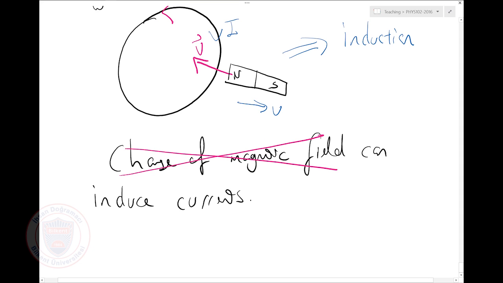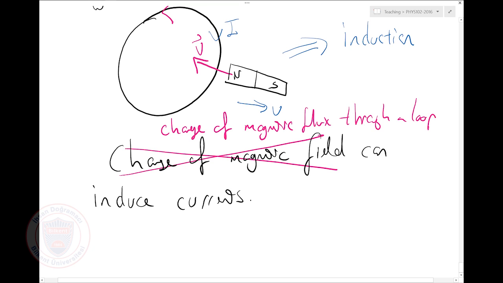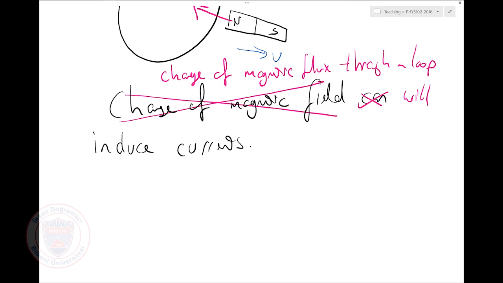He said a change of magnetic flux through a loop will induce currents. Okay. So if I have a current loop, if I'm changing the magnetic flux through it, then I will actually see currents in that loop.